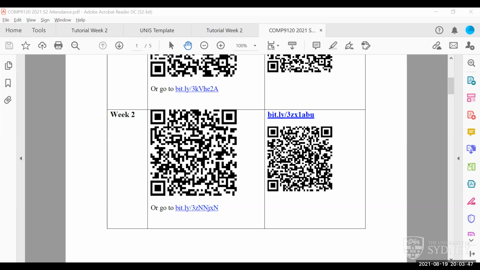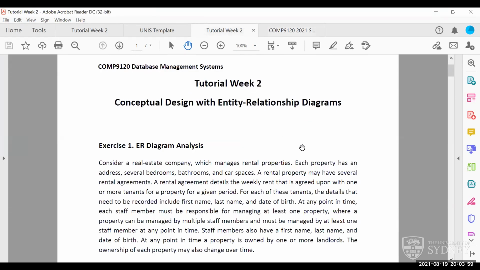Okay, so I hope everyone is doing well and keeping yourself safe and secure. Welcome back again to tutorial week 2 of COMP9120 Database Management Systems. For this week, we are going to learn about entity relationship diagrams.